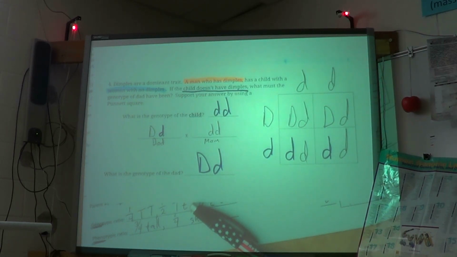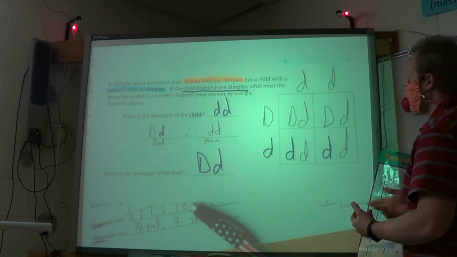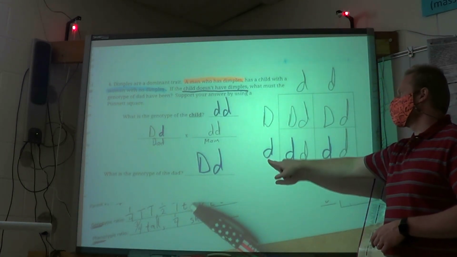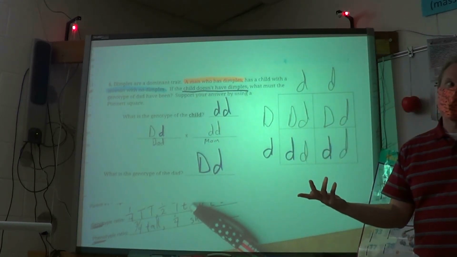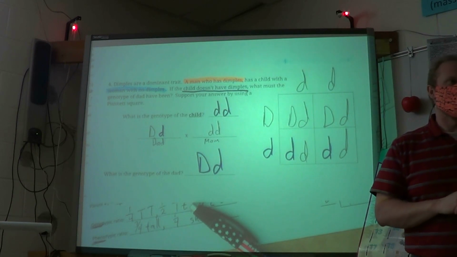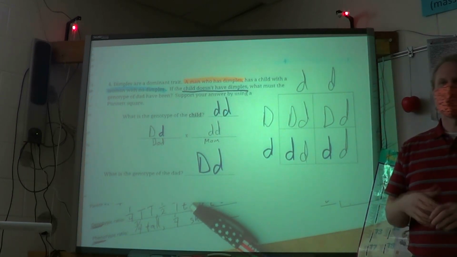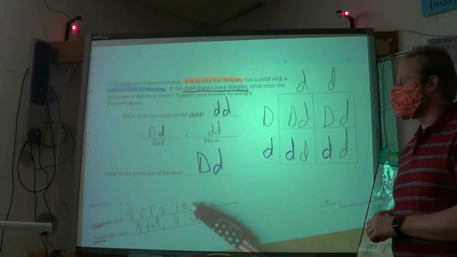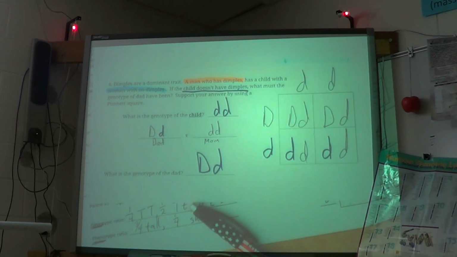You can cross it with a homozygous recessive, because if any of the offspring come up with a recessive trait, then we know they had been heterozygous. Whereas if we only ever got the dominant trait, then all of the children would have had dimples. So you can do that with plants. We don't do that with humans. It's not very ethical just to have children just to see what the genotypes are of a previous generation. Okay.